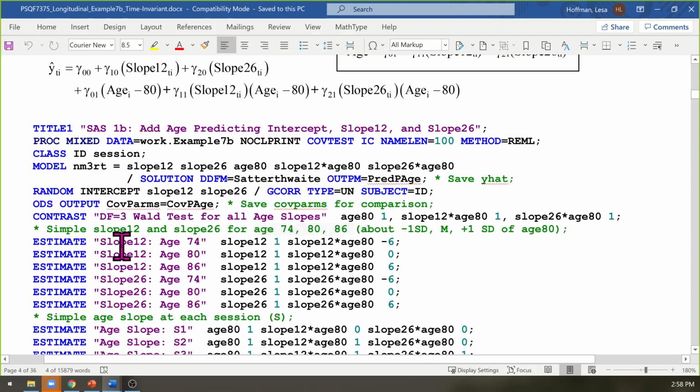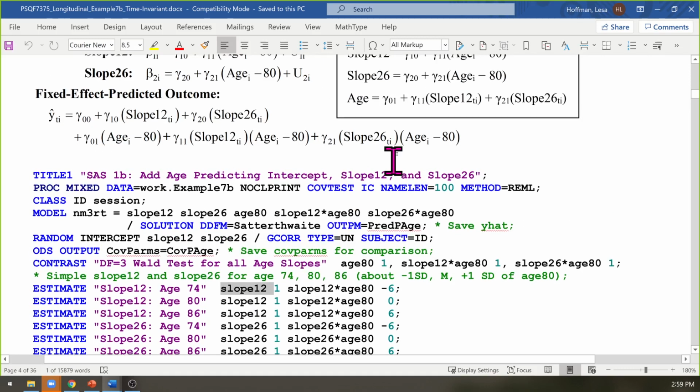To get the slope 1, 2 at a minimum, I need the main effect. Keep in mind that the words you're typing in the estimate statements refer to the gammas. The words refer to what the fixed effects are going to be in the model. The values that you put next to them refer to the multiplier.